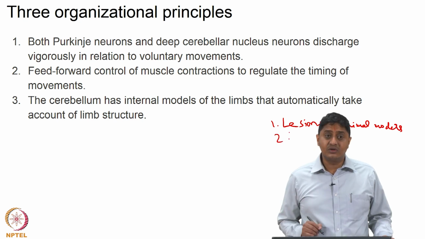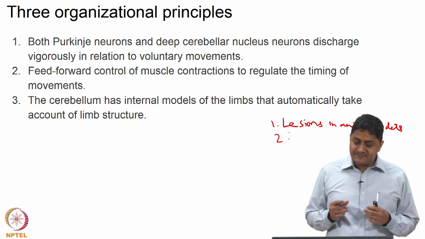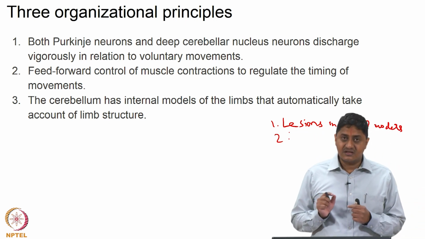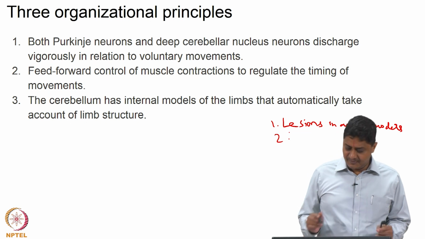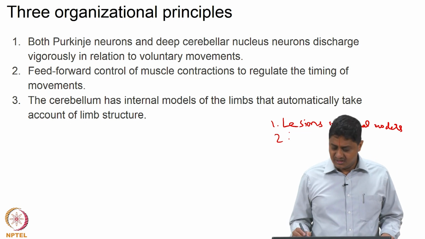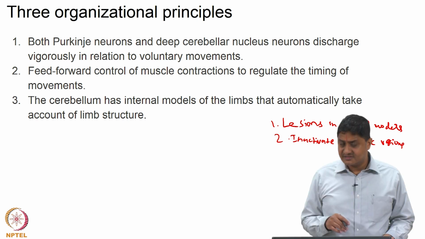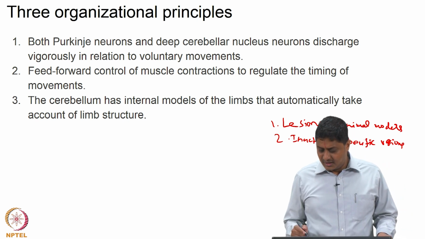The second one is, it is possible to inactivate specific regions of the cerebellum using methods such as cooling. This may be cerebellar cortex, this may be deep cerebellar nuclei.